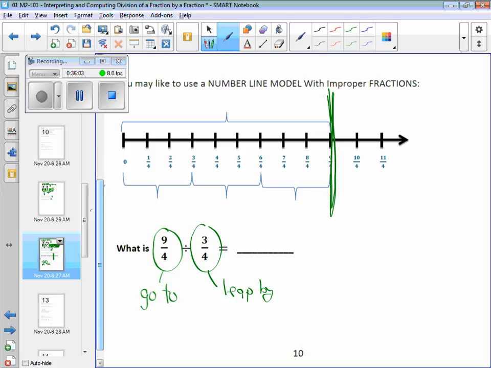So look, here it is. It kind of shows you. Here's a leap of 3. Then I leap again. And then I leap again. And I got 3 total leaps. Obviously, you get the same answer. Instead of doing boxes, you're doing number lines. You'll like this more, I think, as we get more advanced.